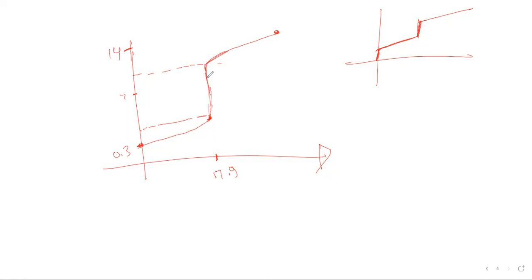How can we define, or what is the procedure to actually draw it? At 17.9 we need to draw a very steep straight line. I'm sorry, my drawing is not that great here, but let me try to explain. The curve should coincide in a slanted way with the straight line.